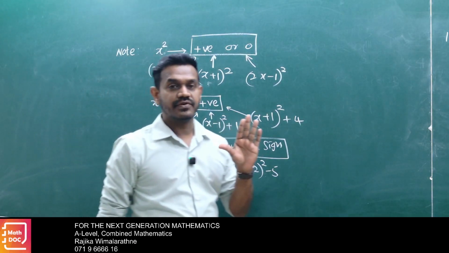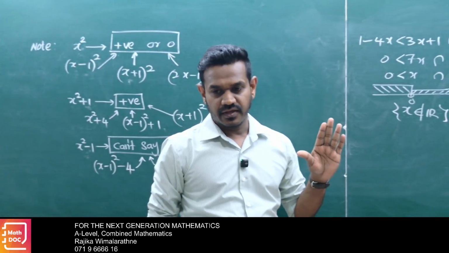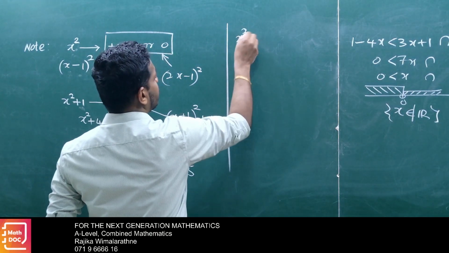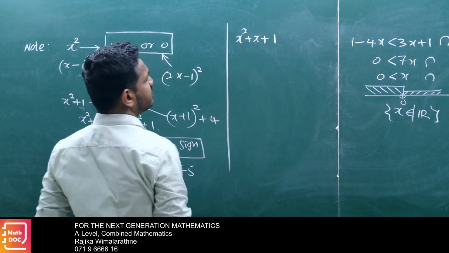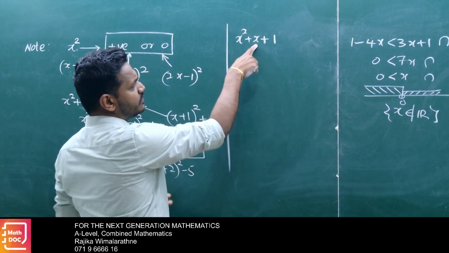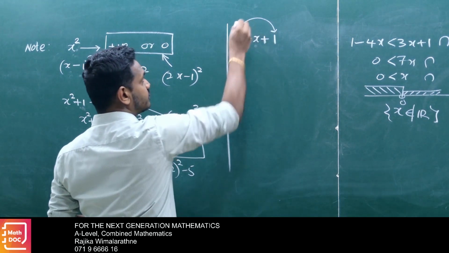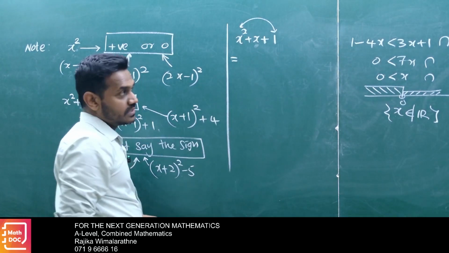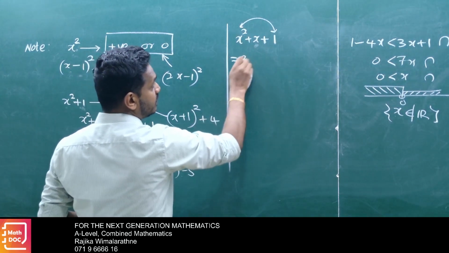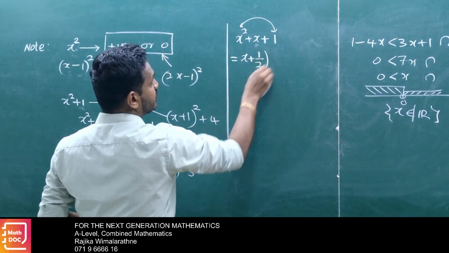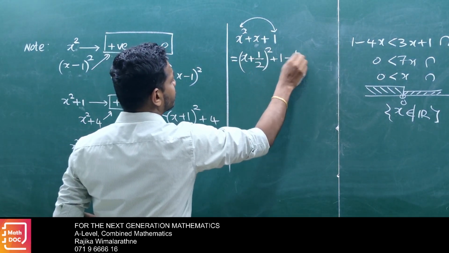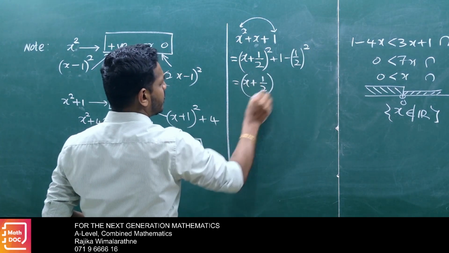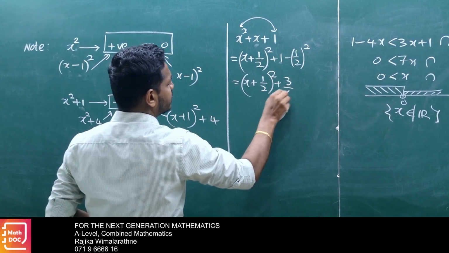And other than that, we have another special relation. You remember x squared plus x plus 1. Here x can be positive or negative. X square plus 1 is surely positive, but with this x, we can't say the sign exactly. In such cases, we had better complete the square. With the complete square method, finally 1 minus 1/4, 3/4.